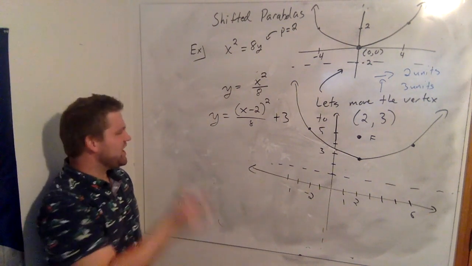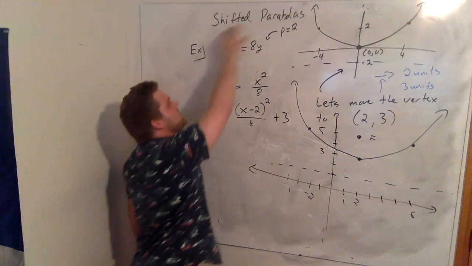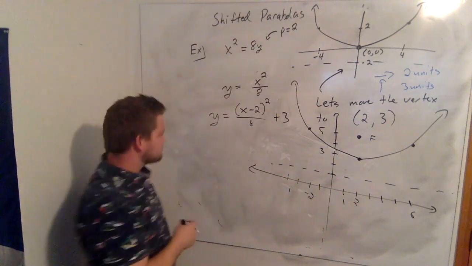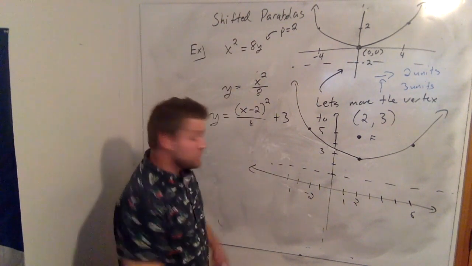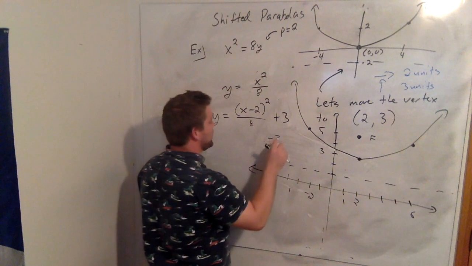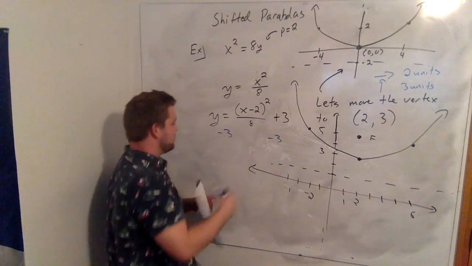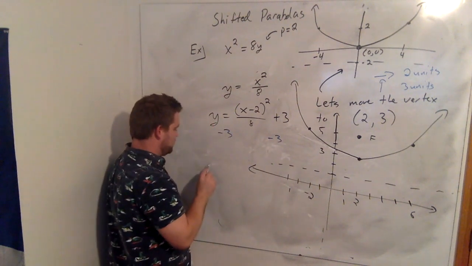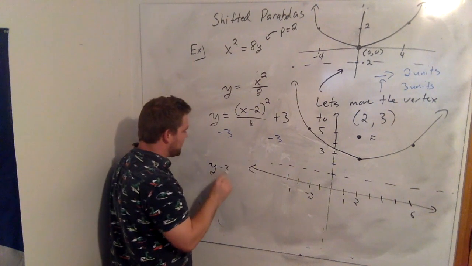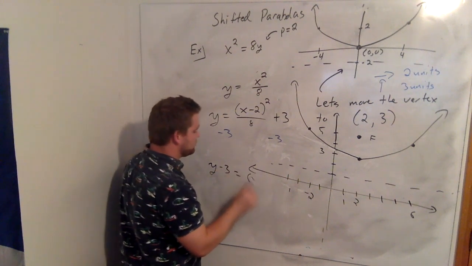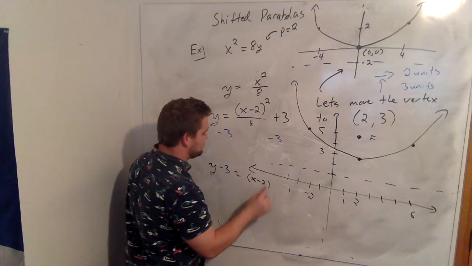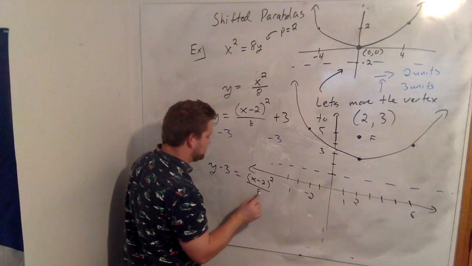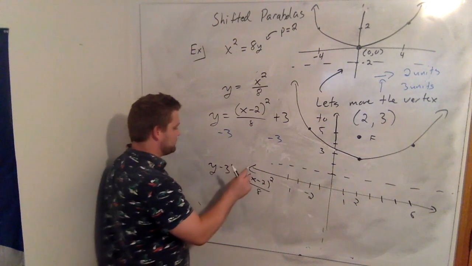But let's say I go backwards and get it in this form here. I'm just going to subtract 3 from both sides. You'll see why I'm doing this in a second. So we'll be left with y minus 3 is equal to x minus 2 squared all over 8. Now let's multiply both sides by 8.